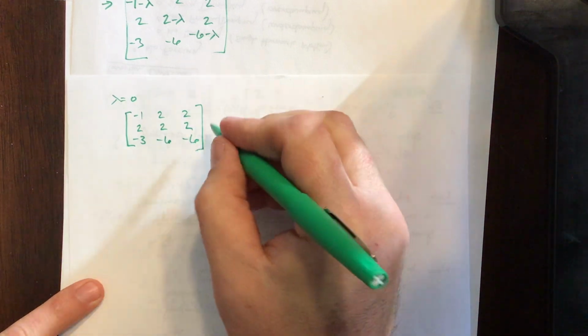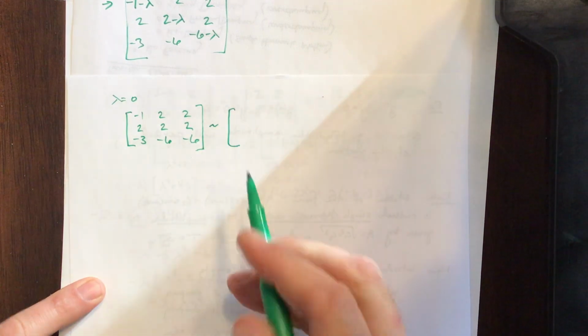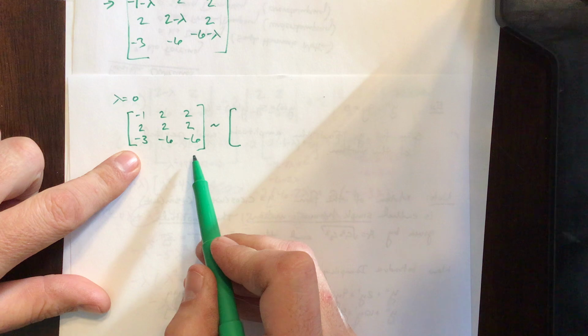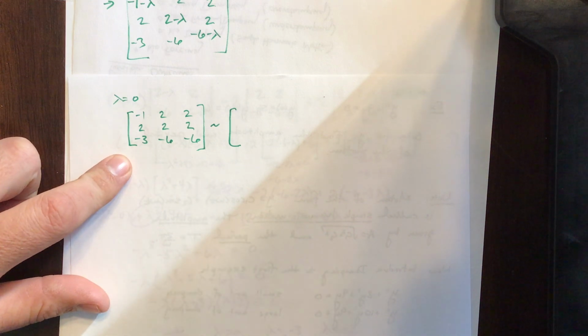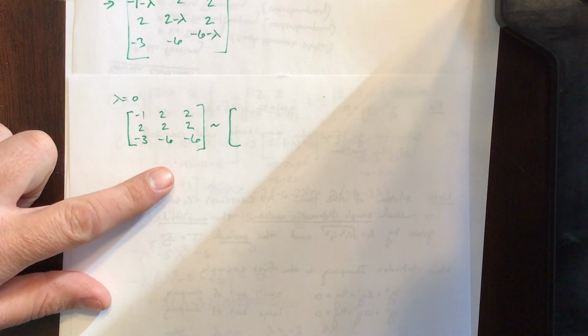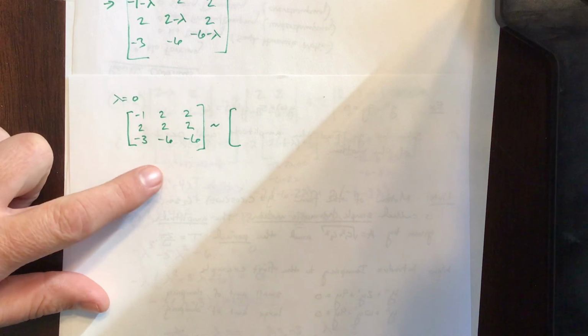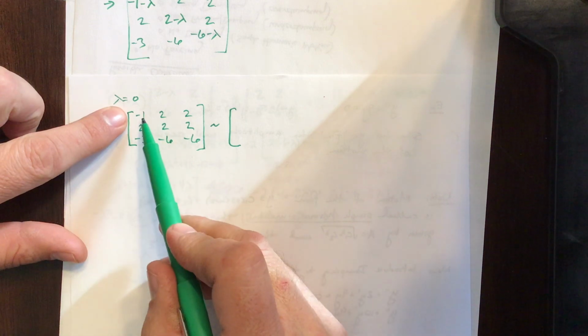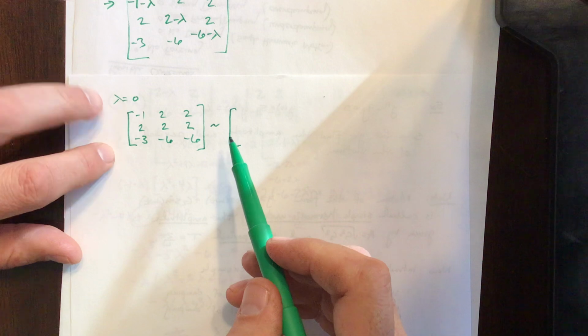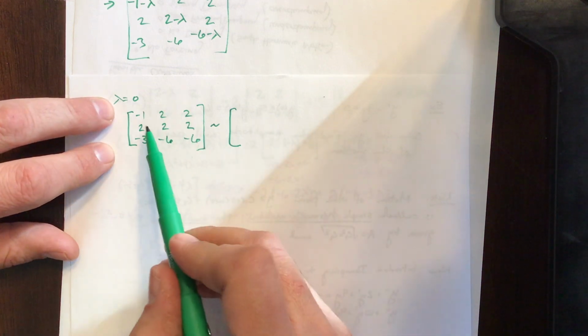All right. So it looks like row 3 is a scalar multiple. Oop, no, it's not. Negative 3, negative 6, negative 6, negative 1, 2, 2. It's not. All right. So let's multiply row 1 by 3 and subtract it from row 3.